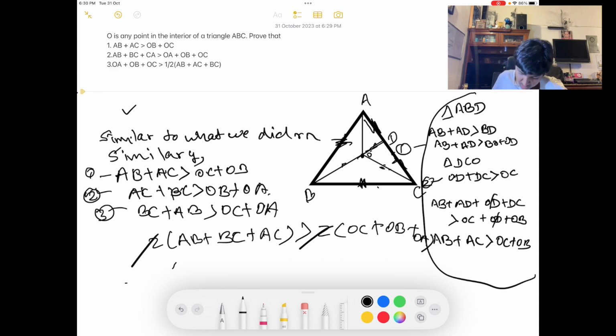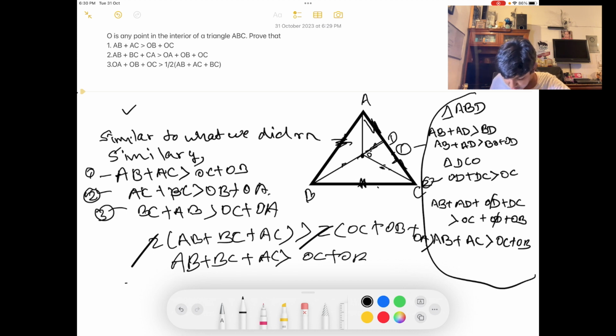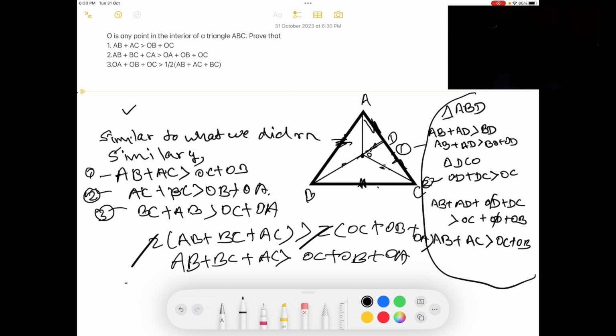And on both sides we have 2, so after cutting them we get AB plus BC plus AC is greater than OC plus OB plus OA, and this is what we had to prove.